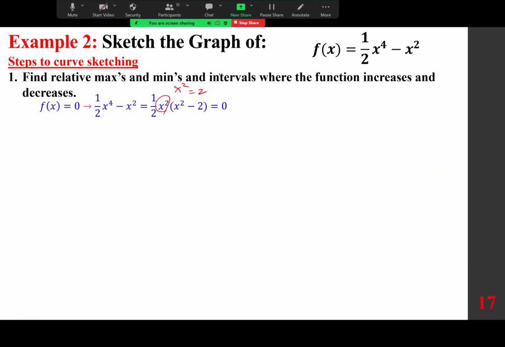This gives us x squared equals 2. x is plus minus square root of 2. And therefore, the following intercepts.